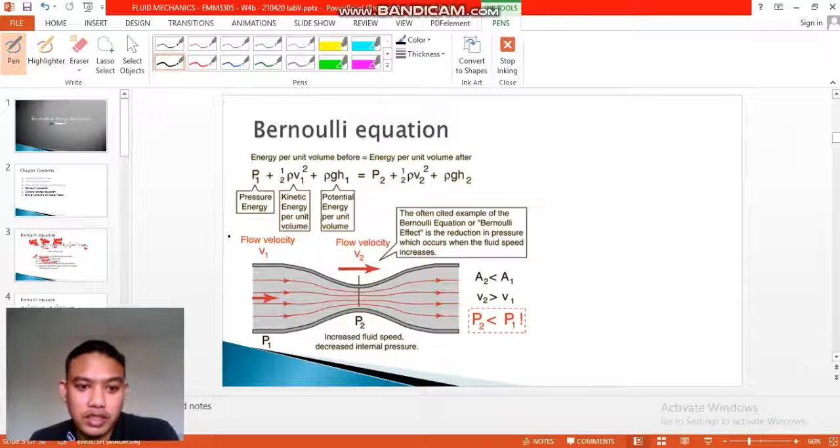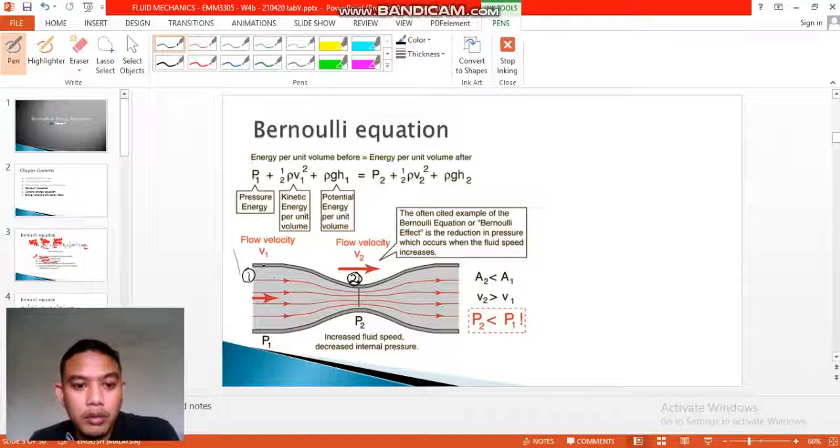So how does it work? For example, we take a pipe flow with an orifice in between. We have the area and velocity at point 1, and then point 2.